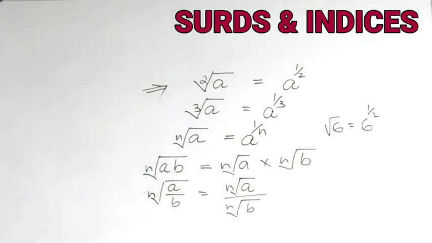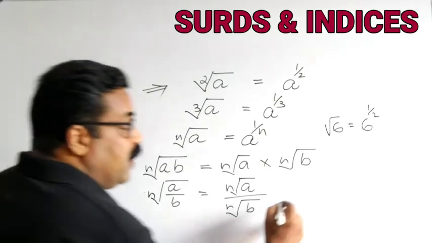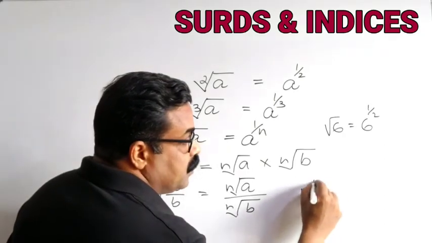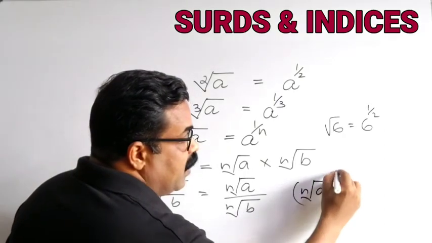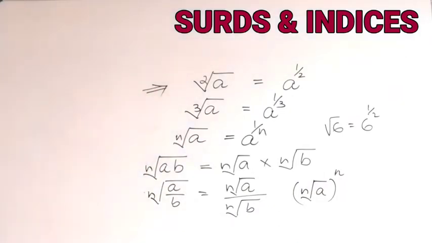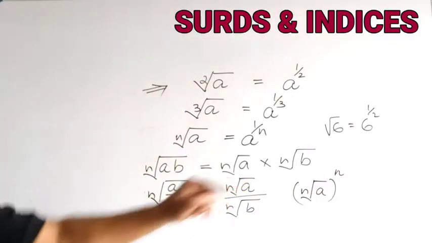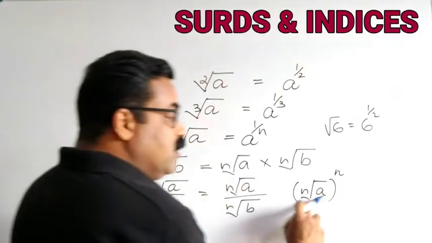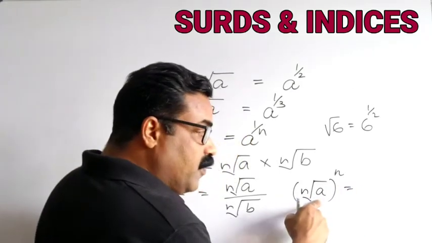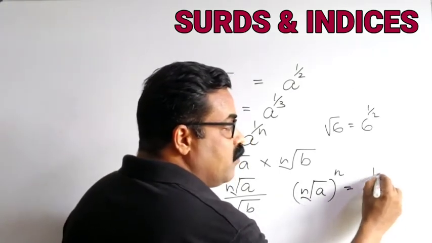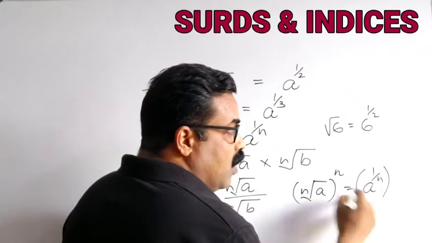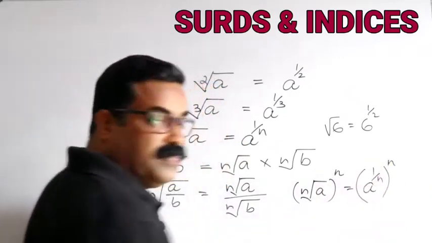And the last one, very important, nth root of a whole power n. This is important. Nth root of a can be written as a power 1 by n, and this n will come outside.